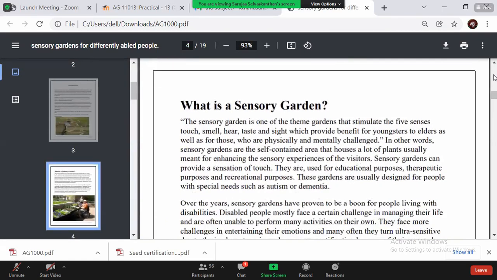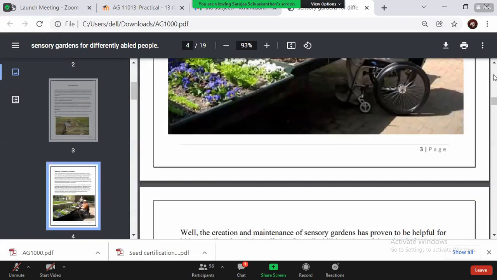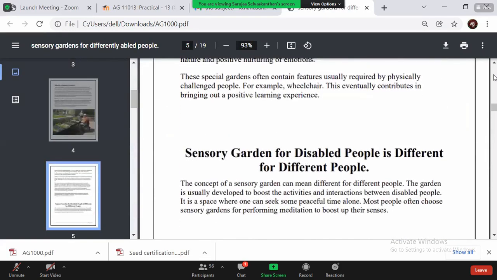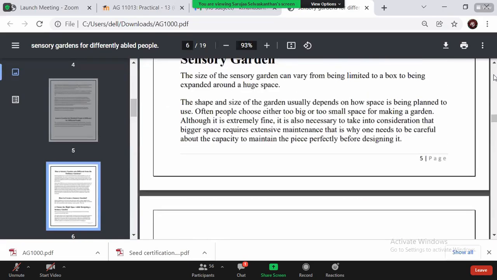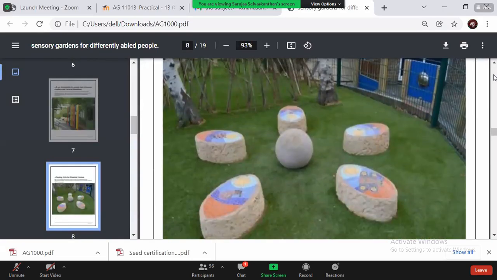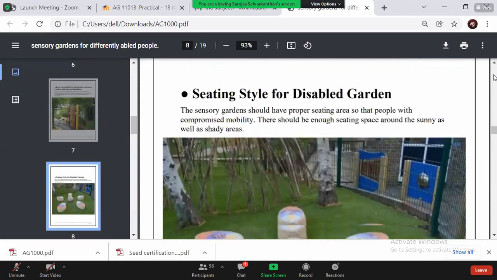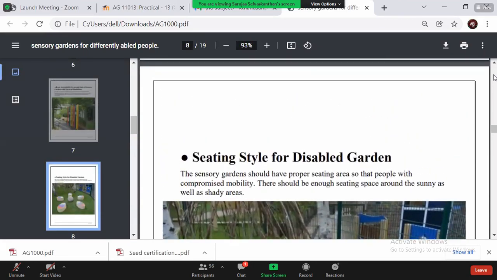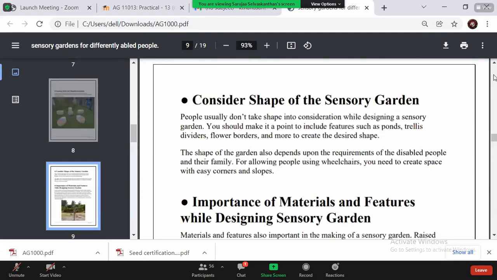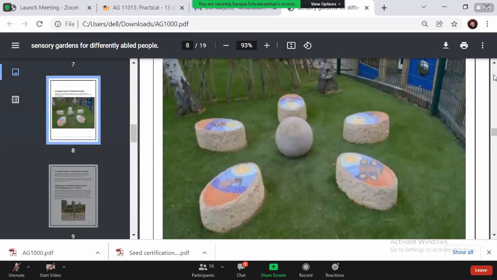What is a sensory garden? All the things are included here. This we are preparing using the laptop, but you should try it in your own handwriting. That is a different thing.